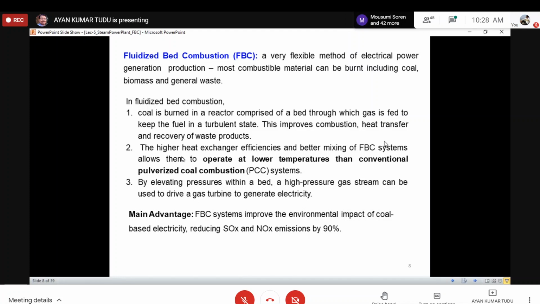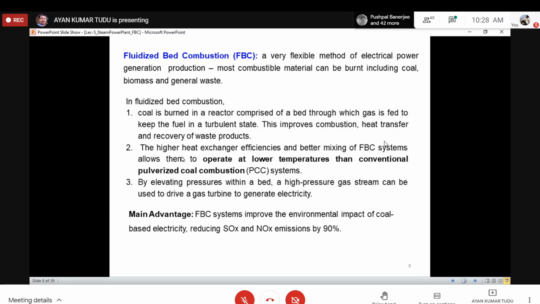Second, the higher heat exchanger efficiencies and better mixing of the fluidized bed combustion systems allow them to operate at lower temperatures than the conventional pulverized coal combustion systems. And by elevating the pressures within the bed, a high pressure gas stream can be used to drive a gas turbine to generate electricity.